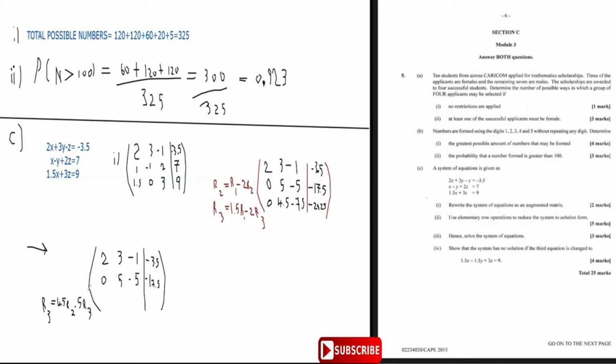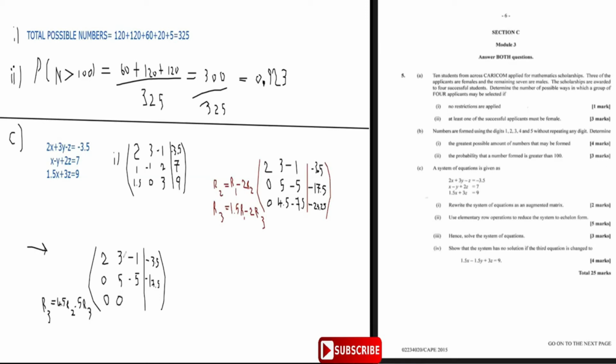Now in row 3, it is 4.5 row 2 minus 5 row 3. So 4.5 times 0 minus 5 times 0 is 0. Then the same for here: 4.5 times 5 minus 5 times 4.5 becomes 0 right here.